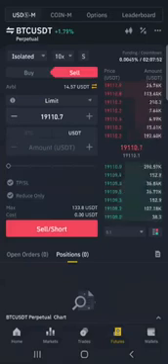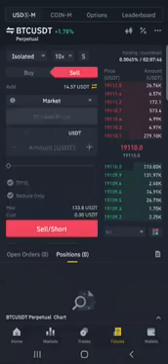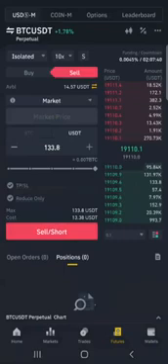Then we also set up the price that way, but let us use the market price for the sake of the class. So click on it, then select market price, then 100%. Let us sell.